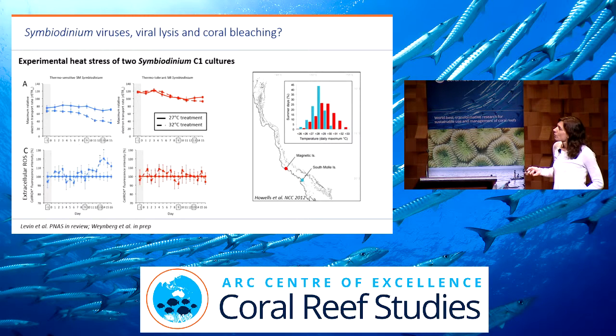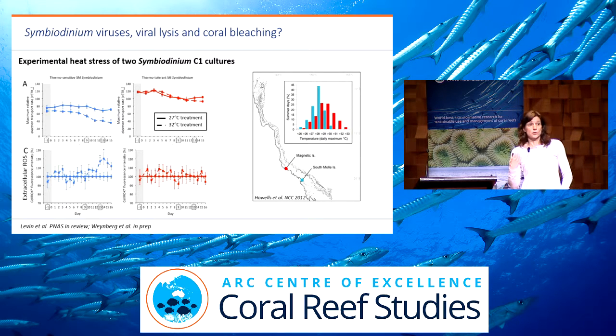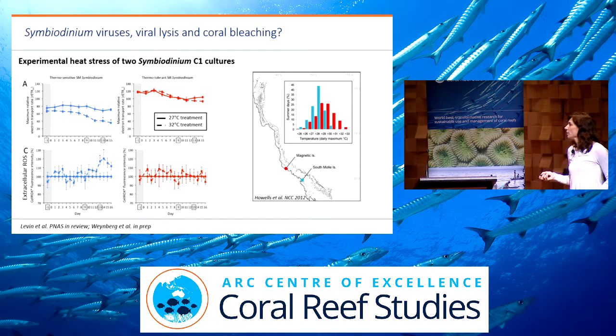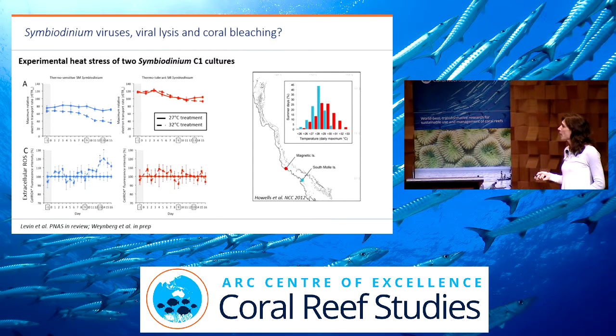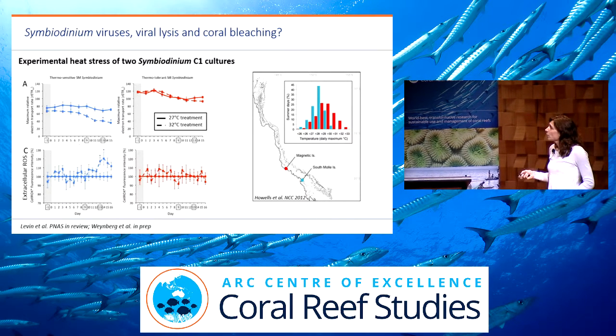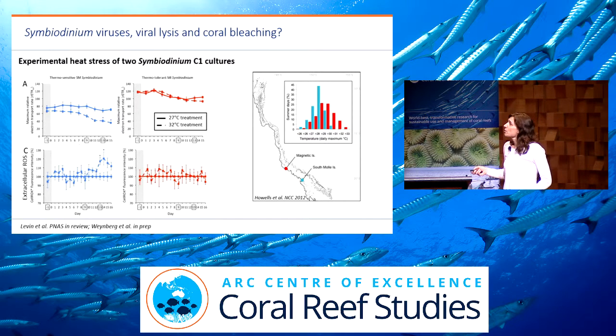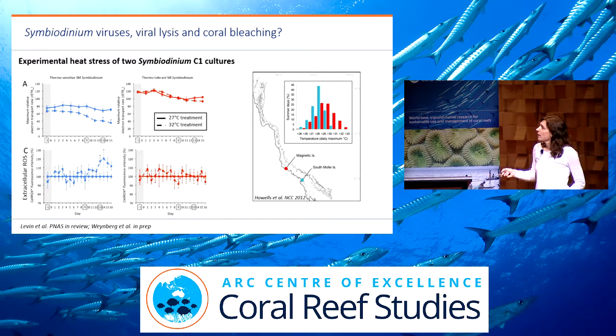And these are just 2 of the phenotypic measurements we took, maximum relative electron transport rate and the amount of reactive oxygen species produced, extracellularly produced, basically that leak out of the Symbiodinium cells. And you can see that at 32 degrees, there's no phenotypic evidence of heat stress after 15 days in this particular strain.